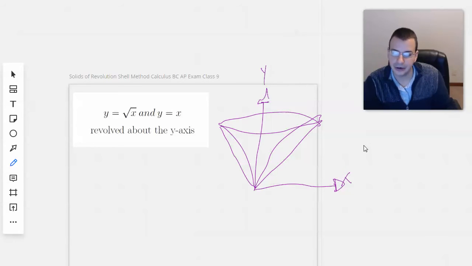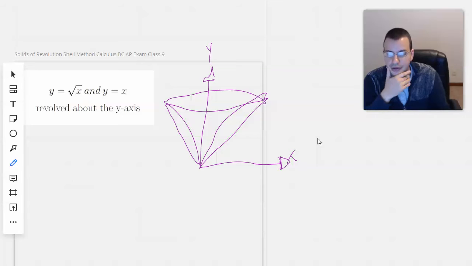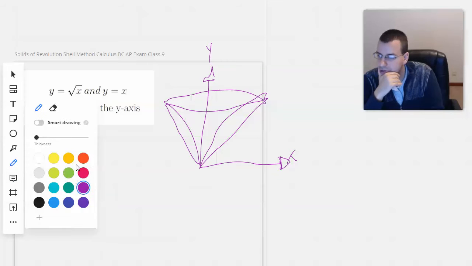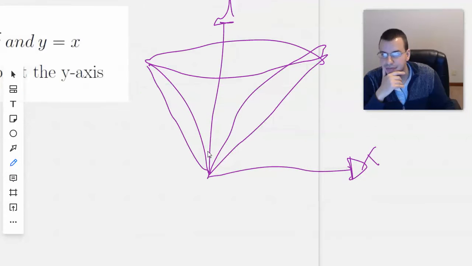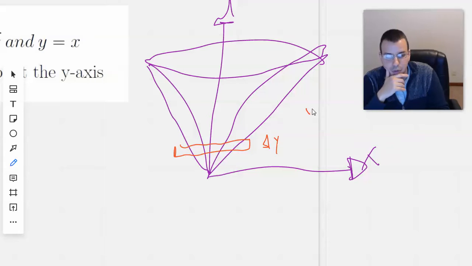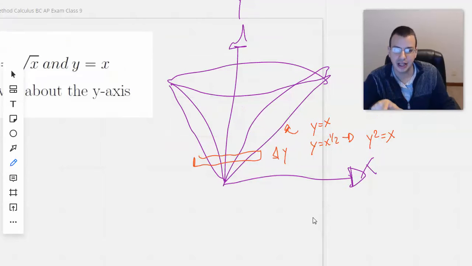Okay, so we have this shape, and we're doing the disk method. So, orange. Here's our delta y. y equals x, right there, and then y equals x to the 1/2. But since we're going to integrate along the y, we're going to want y squared equals x as the interior.